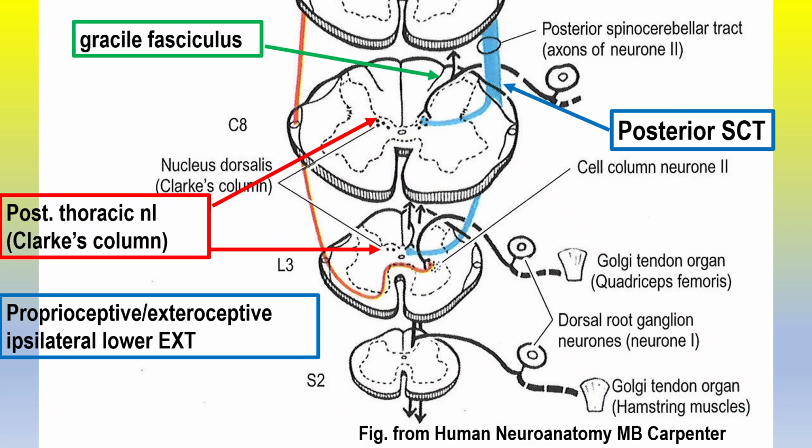Consequently, the posterior spinocerebellar tract transmits proprioceptive and exteroceptive sensory information from the ipsilateral lower limb to the cerebellum. The axons of this tract, measuring 20 micrometers in external diameter and the largest in the central nervous system, enable the rapid transmission of movement-related information.